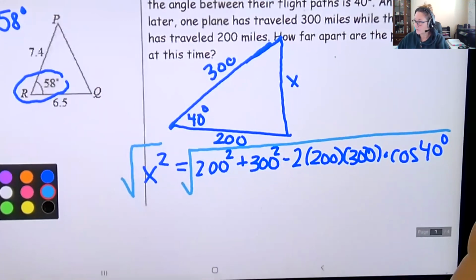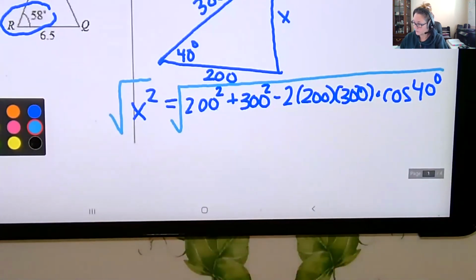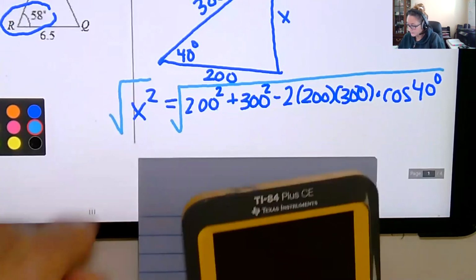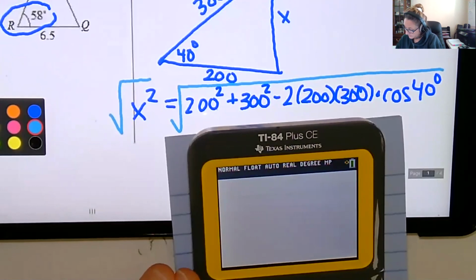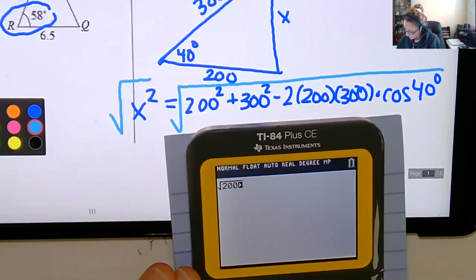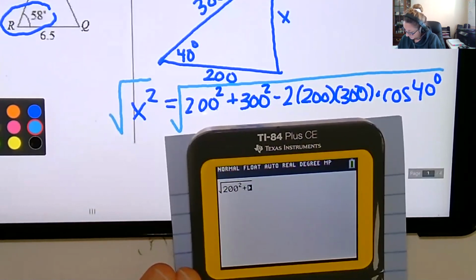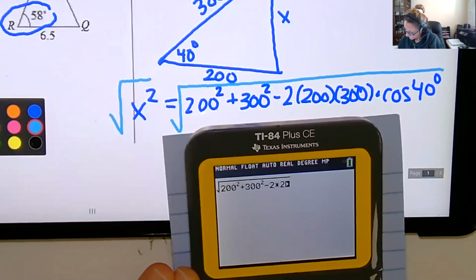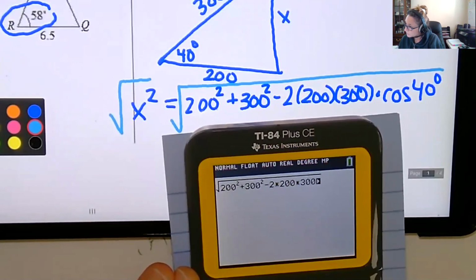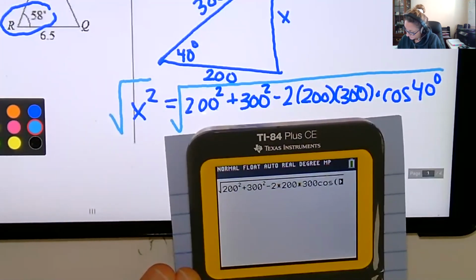And then that will be my answer. So I'm just going to push this up and put my calculator here. Okay. So I am going to do second and x squared for square root. 200 squared plus 300 squared minus 2 times 200 times 300 cosine of 40.